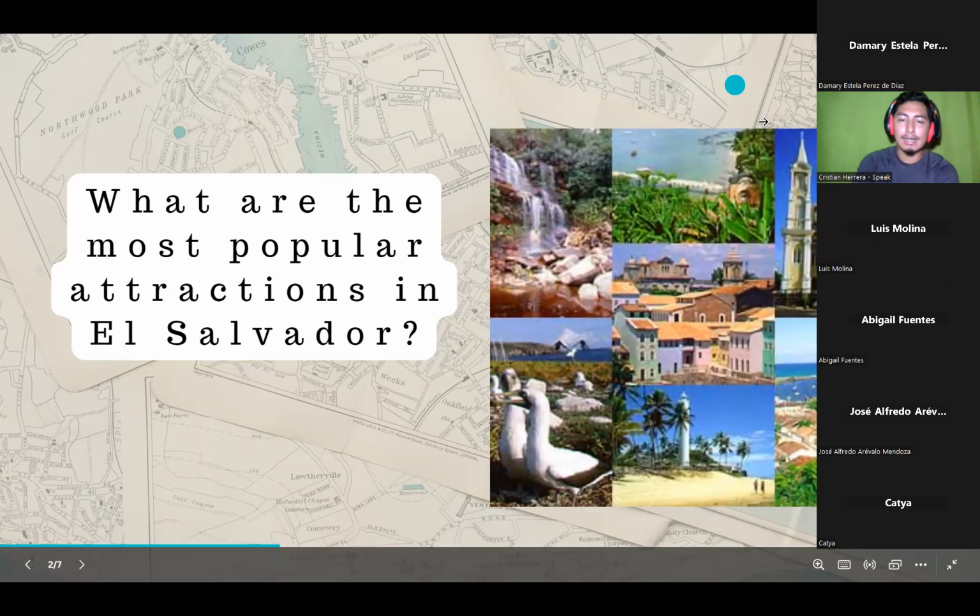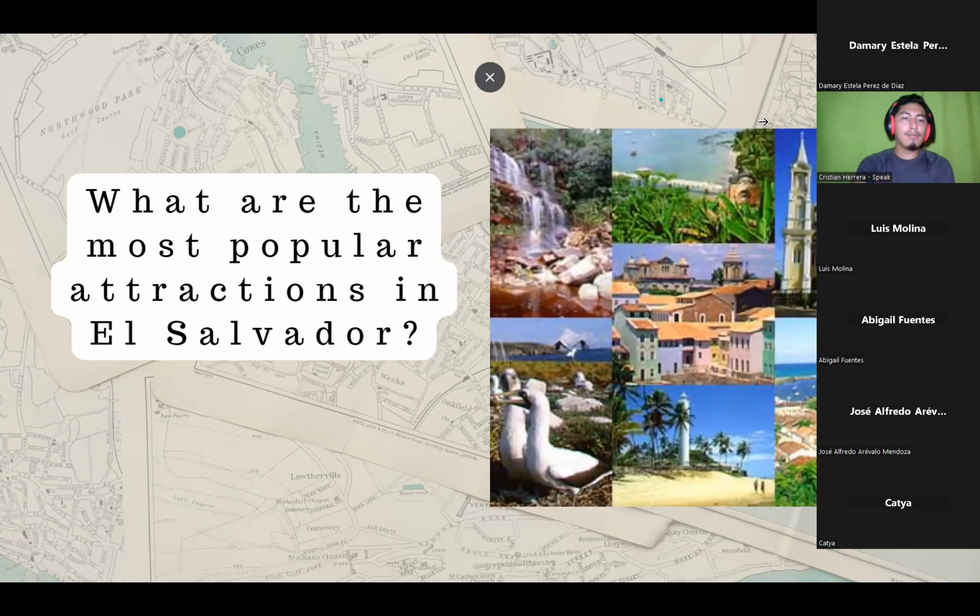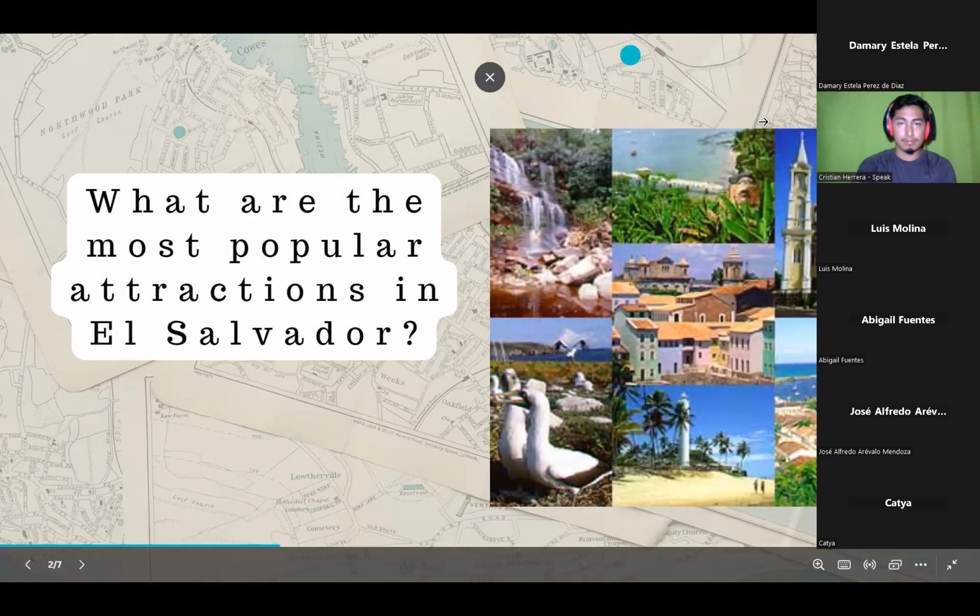I would like to ask Luis, in your opinion, what are the most popular attractions in El Salvador? For me, the El Puerto de la Libertad zone, right? Because you can find there El Tunco beach. You can see a beautiful attraction, for example, the surf. You can see different kinds of people practice surfing on that beach. It's beautiful.